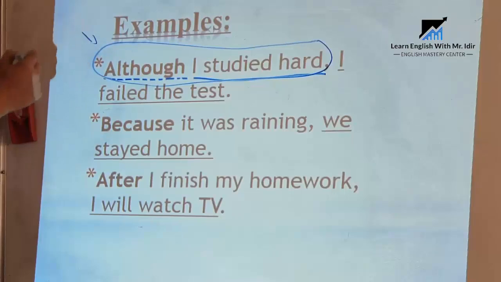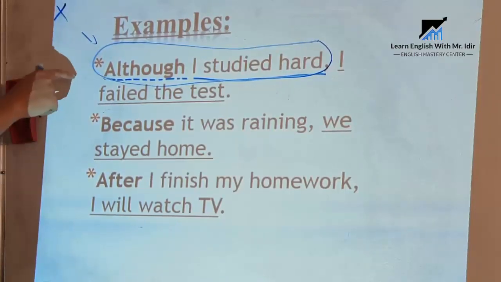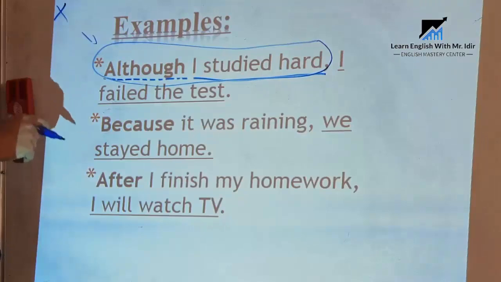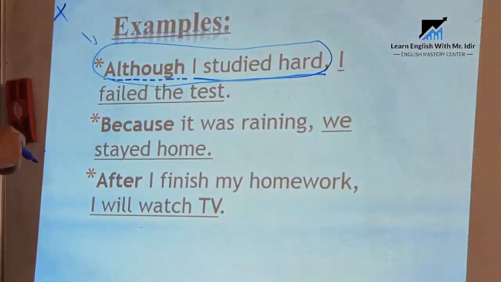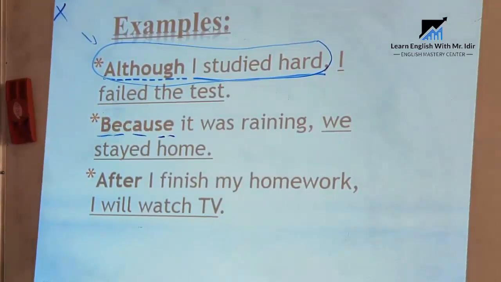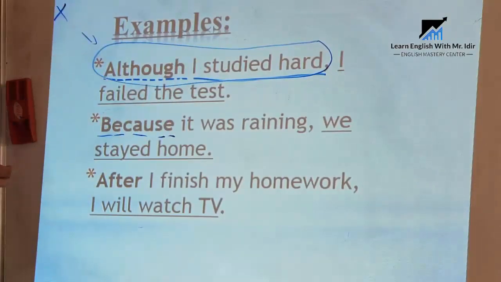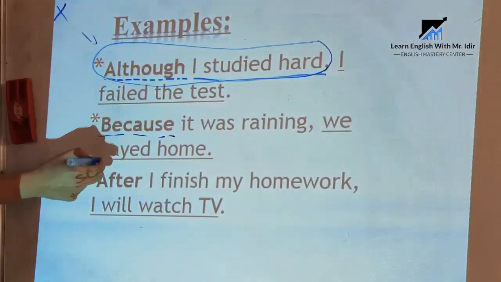However, a dependent clause cannot stand alone. It is the same for the second example: because it was raining, we stayed home. Because is our subordinating conjunction. Because it was raining is the dependent clause, and we stayed home is our independent clause.